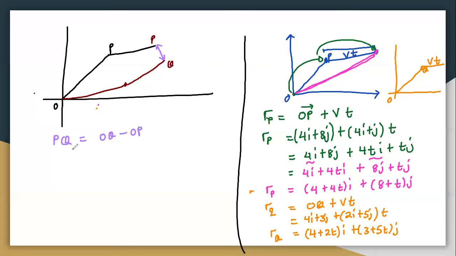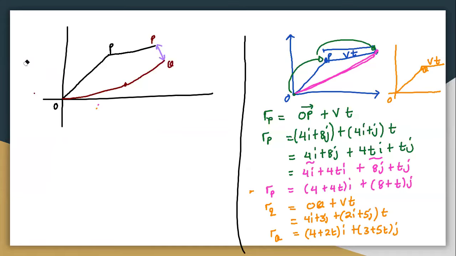But since here we are looking at any time, it means that your OQ is going to be your RQ, and your OP is the same as RP, because they want the position vector at any point. So instead of OQ minus OP, I'm going to have RQ minus RP, because those are the position vectors of those boats at any point. Please take note of that.